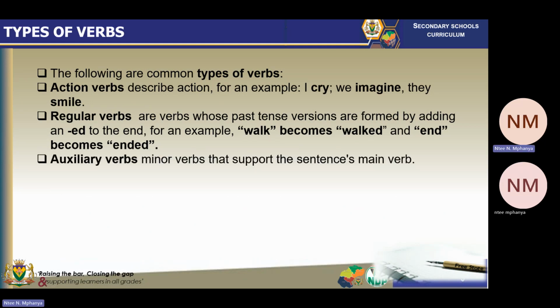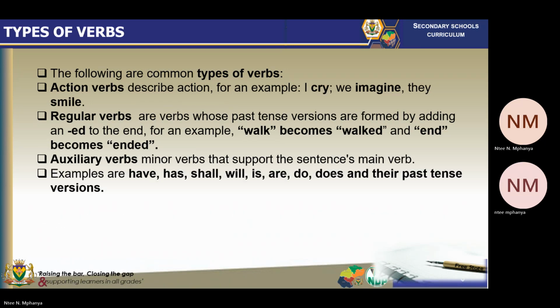We also have auxiliary verbs. These are minor verbs that support the sentence's main verb. For example, our auxiliary verbs will be have, has, shall, will, is, are, do, does, and their past tense versions.